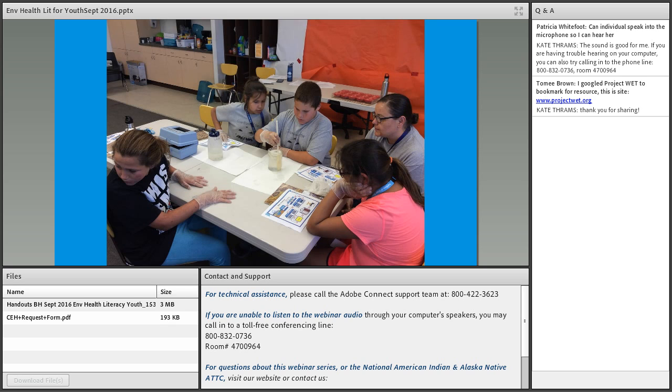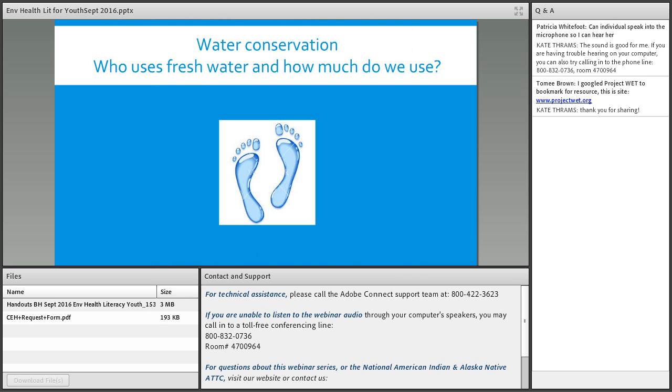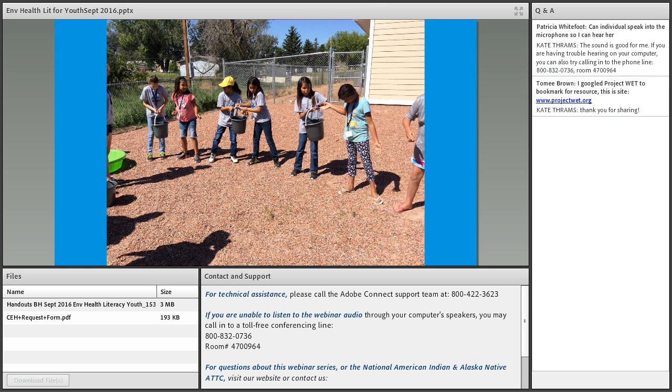So then the next major message we wanted to talk about was water conservation. We talked about who uses water and how much we use. This is a picture of a water footprint. We talked about when we use water and how much of it people are using. This picture is one of the activities we did with hauling water.